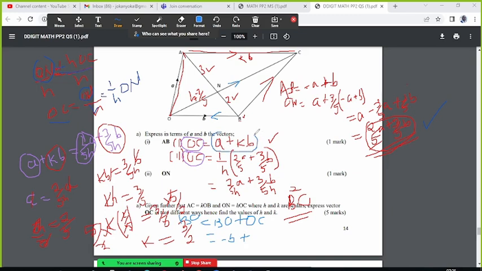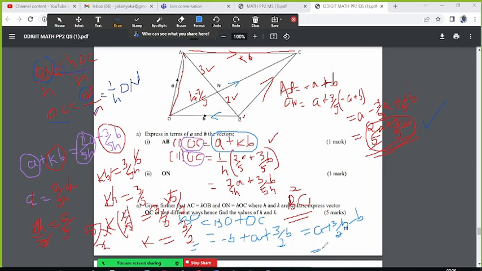We have worked out the value of K, so we can easily get vector OC. Vector OC is A plus KB, and our K is 3 over 2, so it is A plus 3 over 2 B minus B. 3 over 2 B is like 1.5.